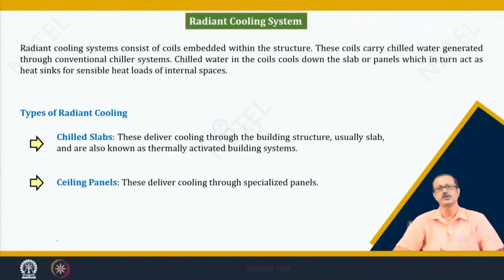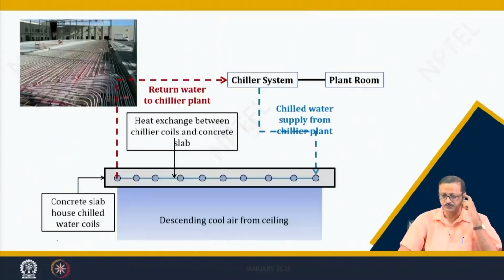So, the room is going to be cooled, or in other words the chilled water will chill the panel, chill the slab, and from there the radiation will take care of the total temperature drop of a particular space.